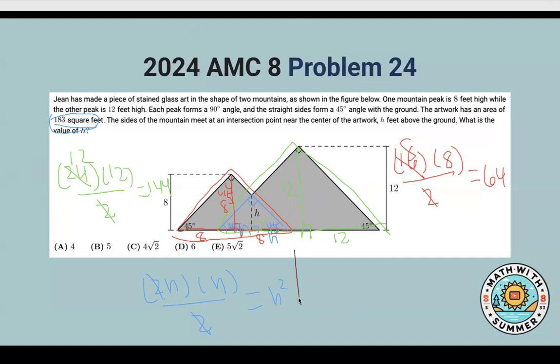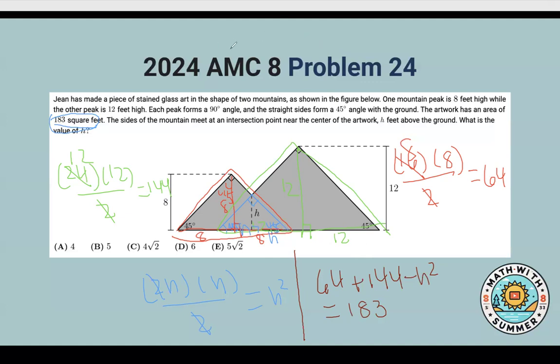To find the area of this whole shape, we should do 64 plus 144 minus h squared, since when we're adding these two triangles, we have this overlap region where we count it twice, which is our h squared region. So this equals 183.